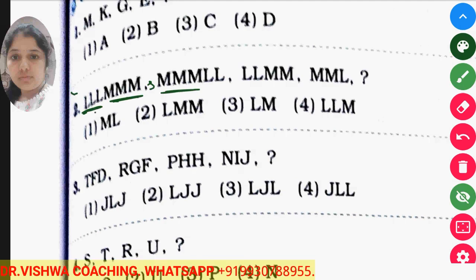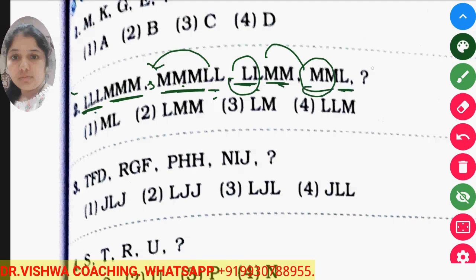Number of M remains the same, but L reduces by 1. Now again on the left side L will come ahead. It will remain the same number, but the number of M reduces. Again M comes forward. It will remain the same number and the number of L reduces.